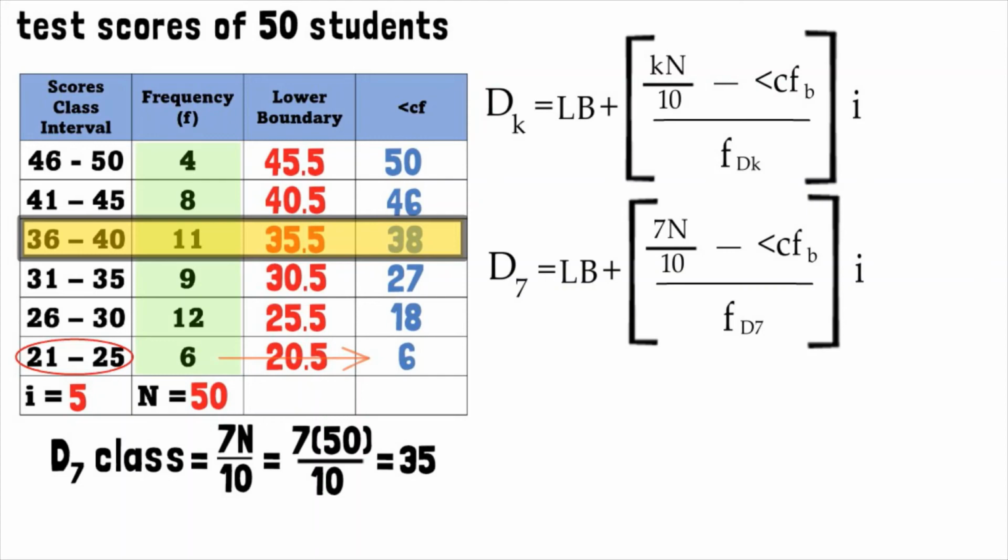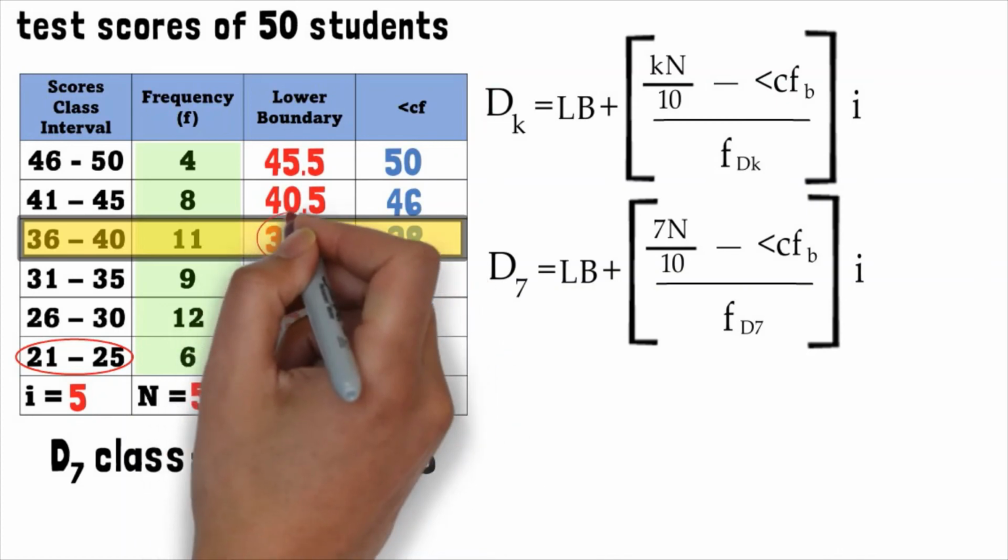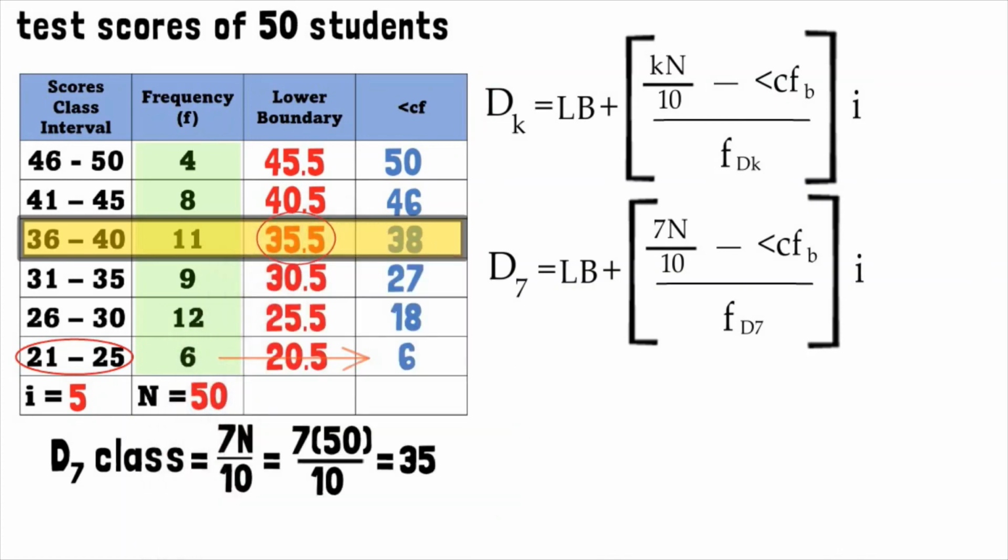Looking at our highlighted class, we see that our lower boundary is equal to 35.5. On the other hand, 7n over 10 is already computed, which is equal to 35.